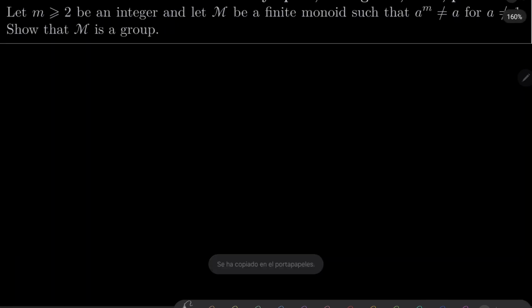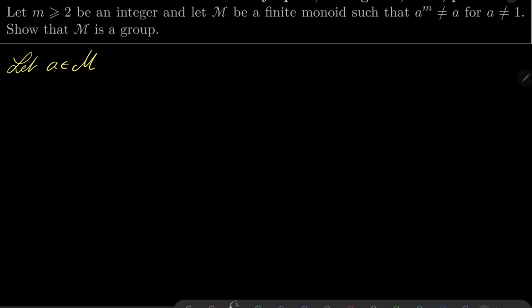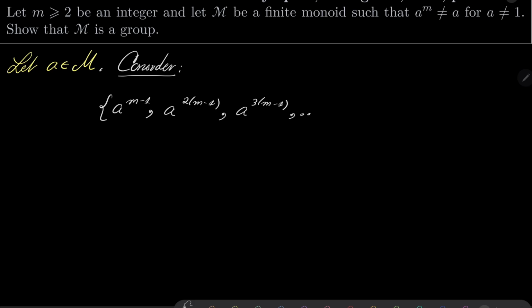Right. So, as I suggested, let a be an element of our monoid, and we consider the following set: a to the power m minus 1, a to the power 2m minus 1, a to the power 3m minus 1, and so on up to infinity.